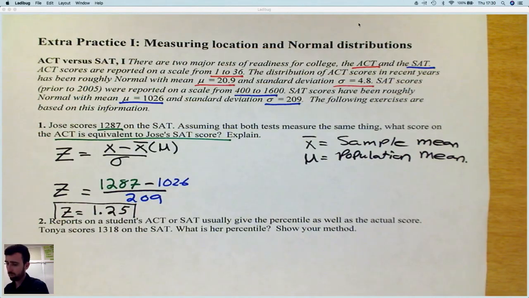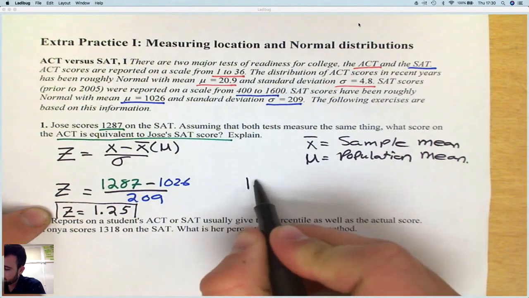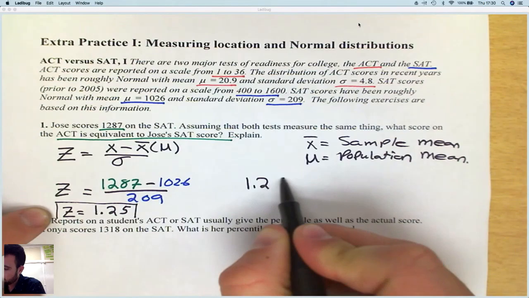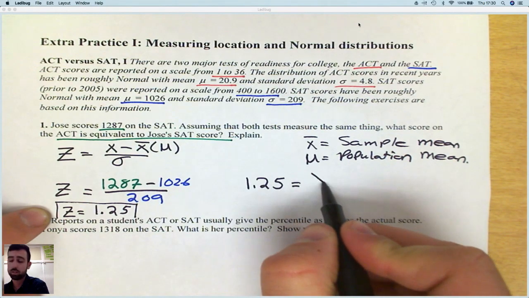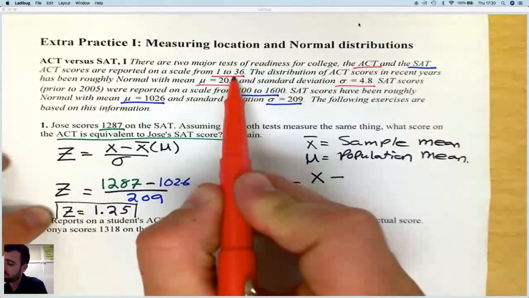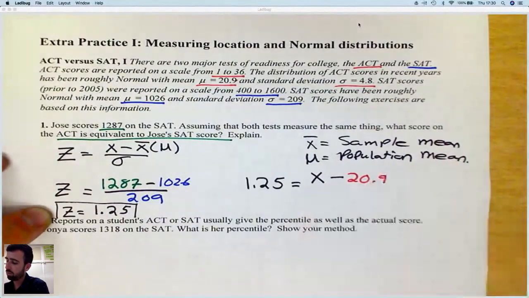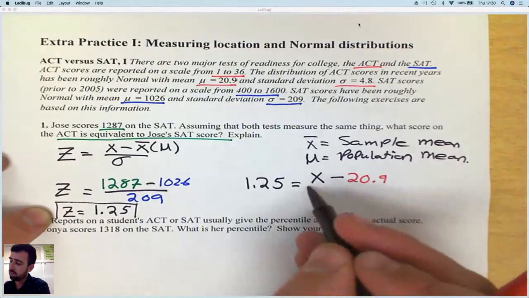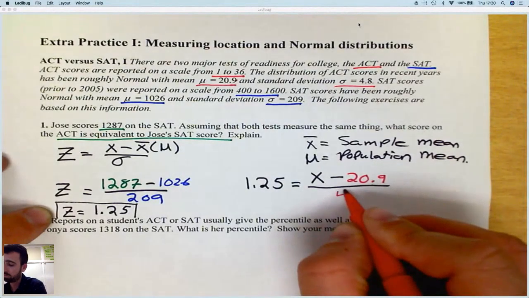Well, we know our z-score, so we're going to use that. We don't know what the score is for Jose, so we're going to leave an X there. And we're going to subtract the ACT mean, which remember, it's only from 1 to 36, which is a 20.9. And we're going to divide that by the standard deviation of the ACT, which is 4.8.